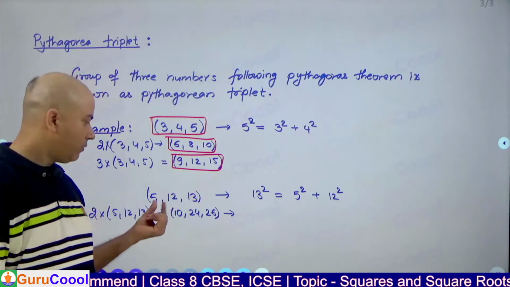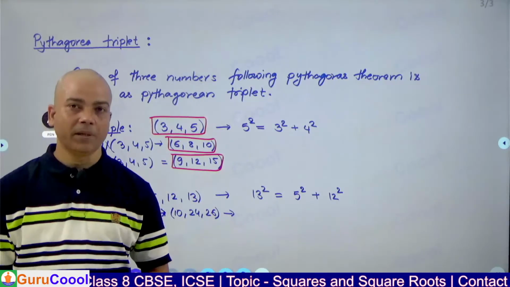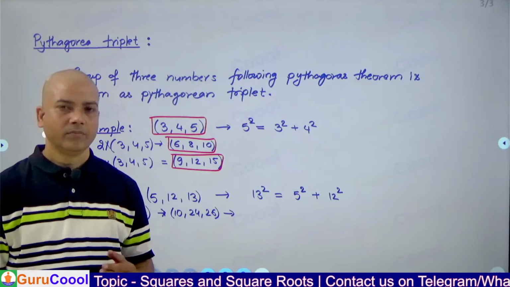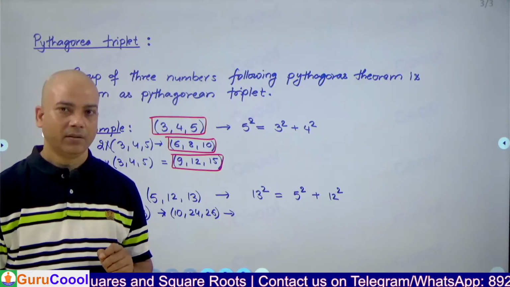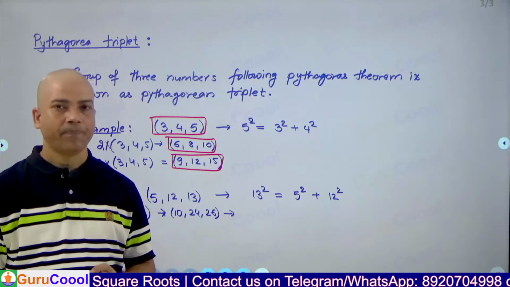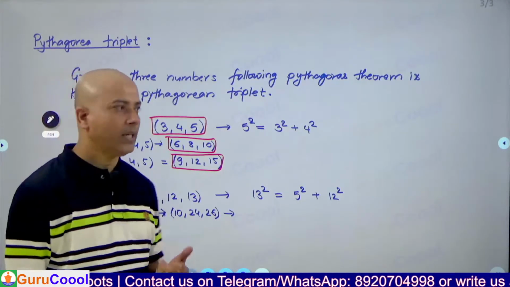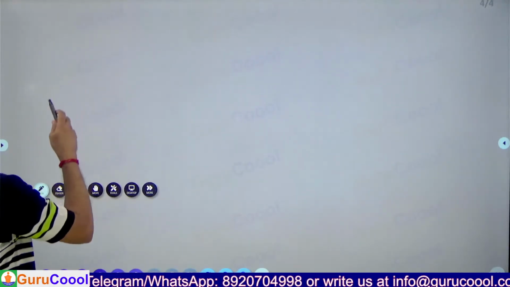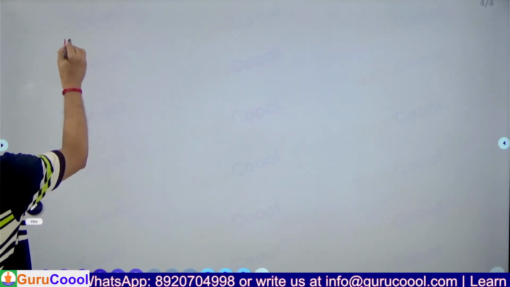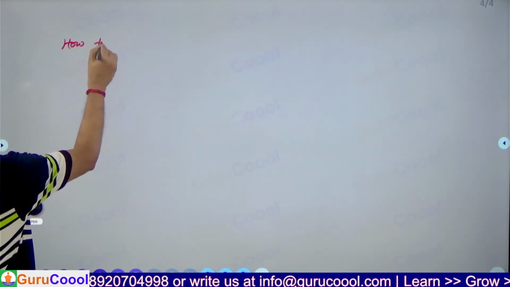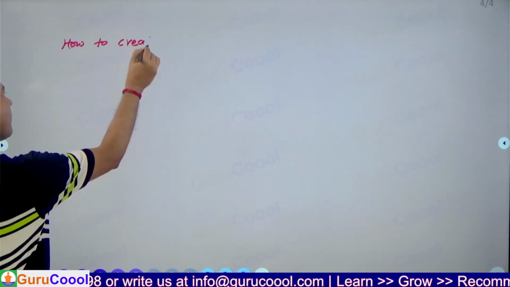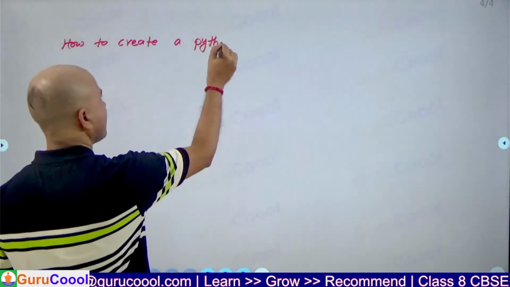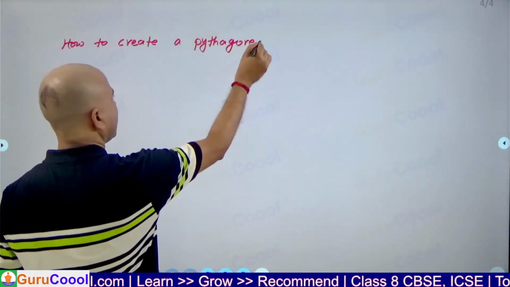I told you 5, 12, 13 is a Pythagorean triplet, you will memorize it. But do you have any method to create it? How to create a Pythagorean triplet?